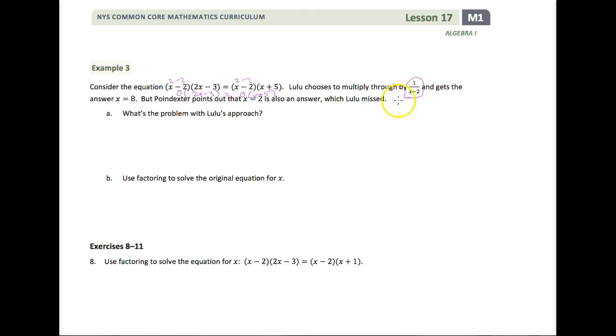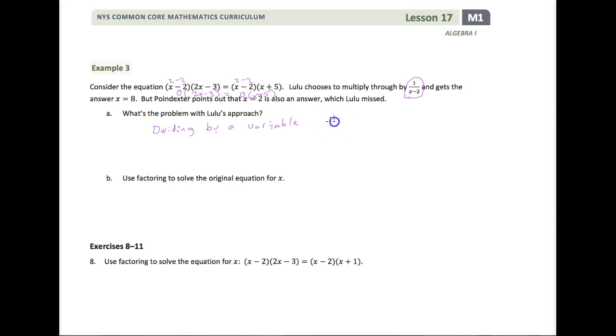So the problem is that by multiplying by 1 over x minus 2, Lulu is essentially dividing by a variable. We explored that in some of the other lessons. The problem with that is that we can get some answers that we're not allowed to have.